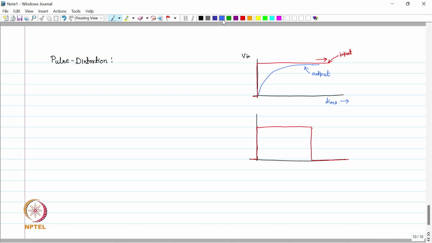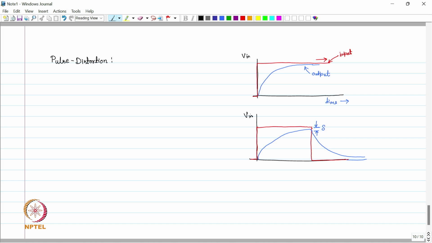Then my output will be something like this, and instead of continuing to reach the steady state value, it will immediately start following the input, which is now discharging. So we can see there is a difference between the input and output.